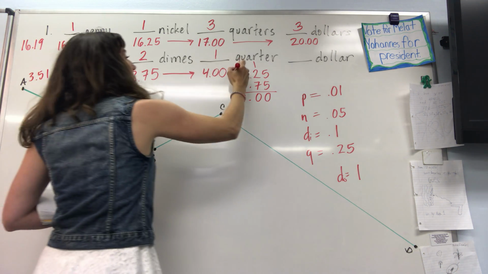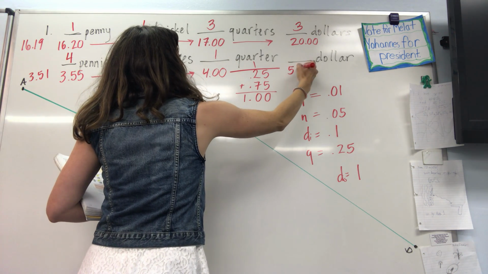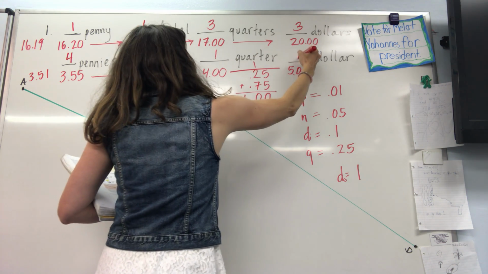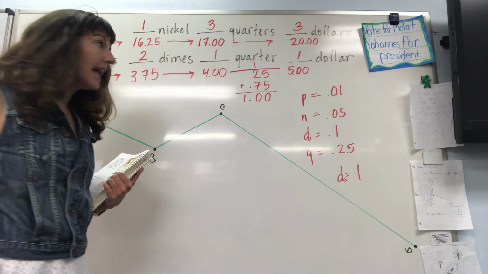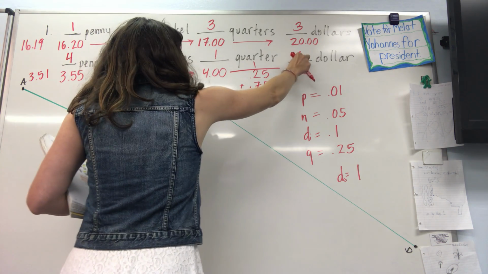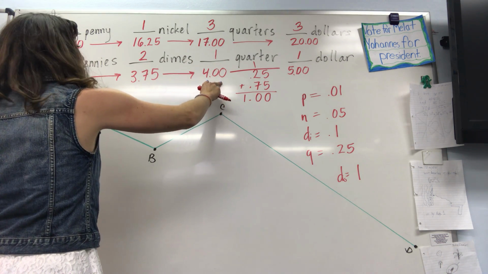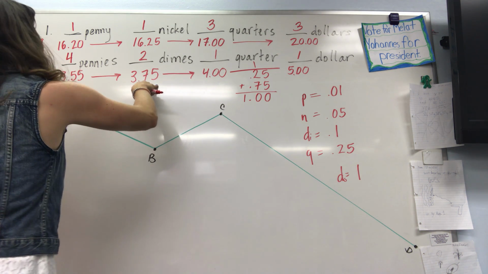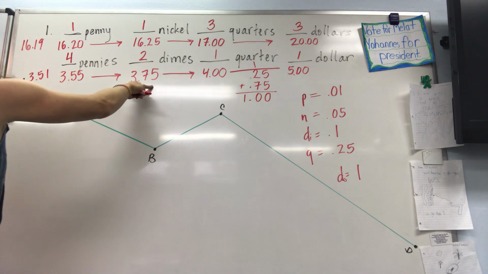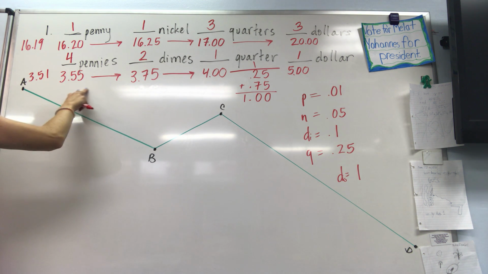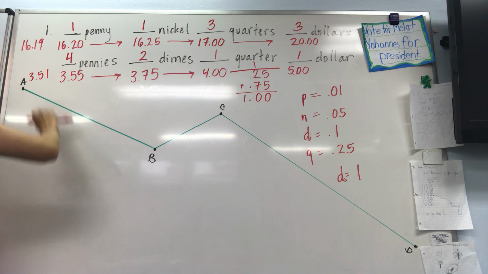And then all the way to 5, which means you need to add $1. Okay? 5 minus 1 is 4. 4 minus 0.25 is 3.75. 3.75 minus 0.20 is 3.55. And 3.55 minus 0.04 is 3.51.